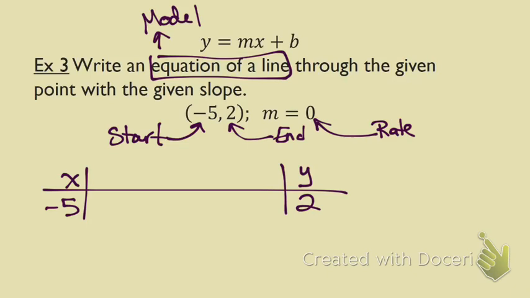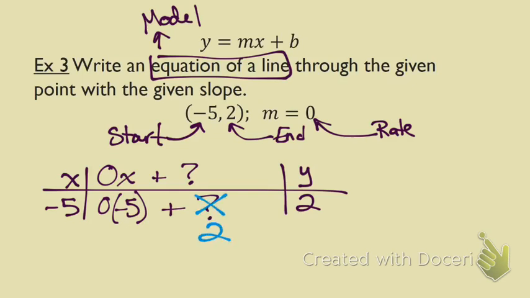I am telling you again that slope, that's what we're going to multiply our x column by, and we've got to figure out how much we are going to need to add after that. So 0 times whatever is in your x column plus some number we're going to have to determine. So 0 times -5. And how much more do we have to add on?